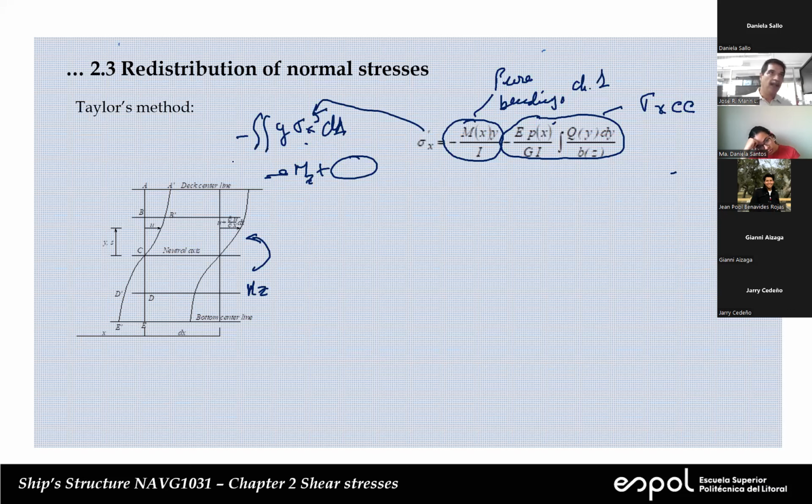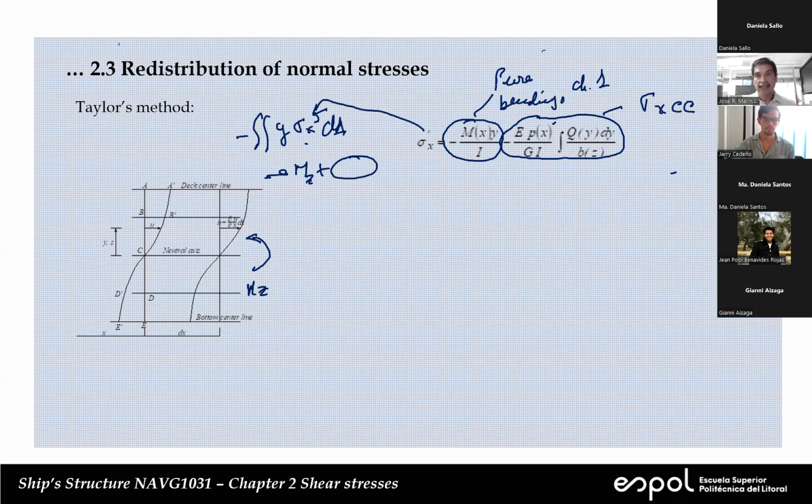And then a long time ago, this engineer, Taylor, he presented an idea. He proposed an idea in order to try to complete this calculation, okay? Because right now we are in a problem, definitely. I insist, if you integrate the first term from pure bending, you put it into here, you see that I have y squared dA, that's inertia.